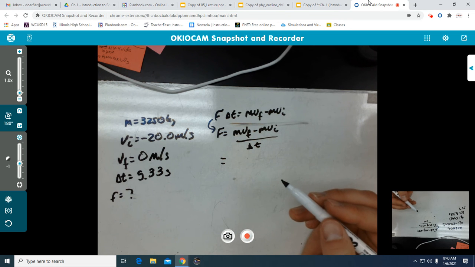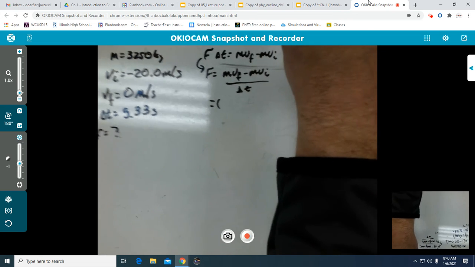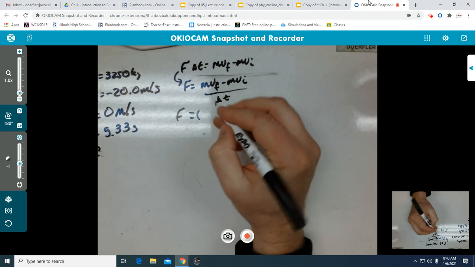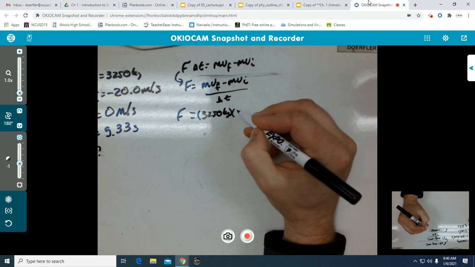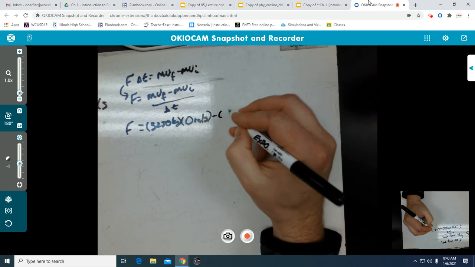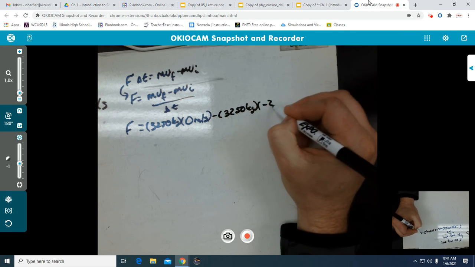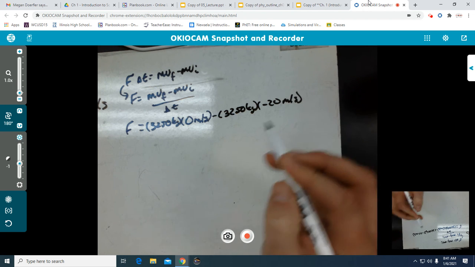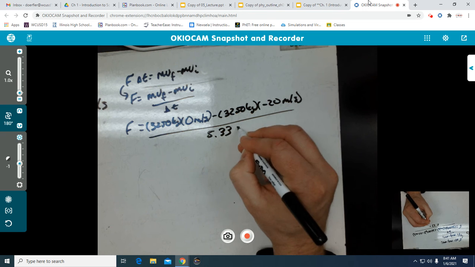Go ahead and plug in our values. Our mass is 3,250 kilograms. Its final velocity was 0 meters per second, minus the mass again, 3,250 kilograms, times negative 20 meters per second, all over 5.33 seconds.